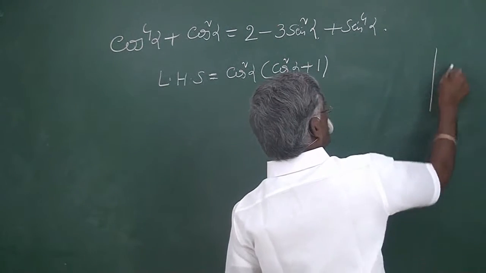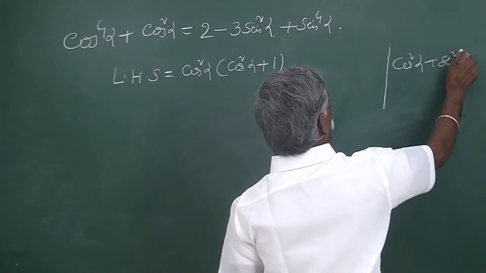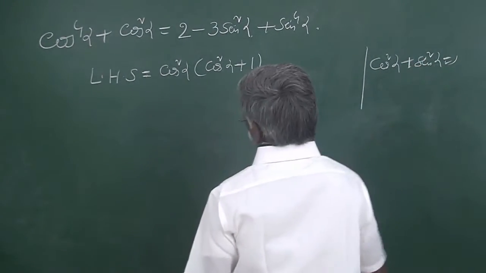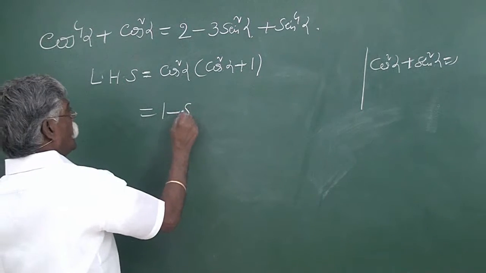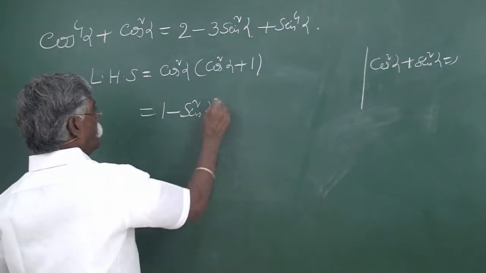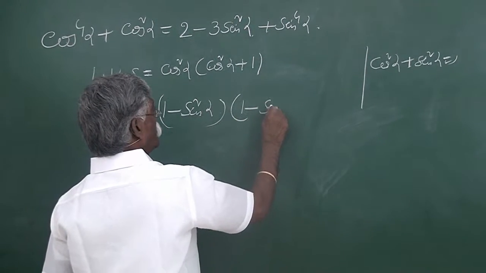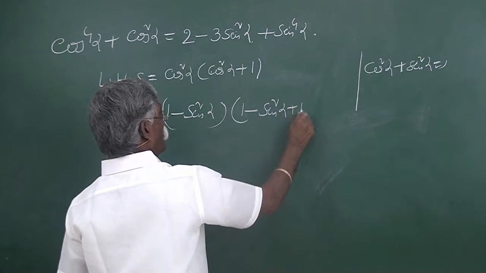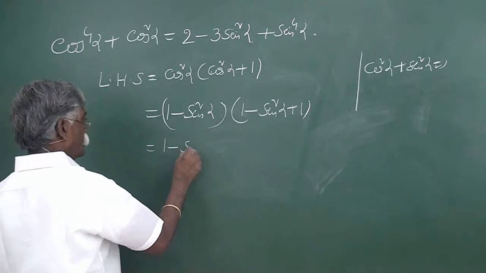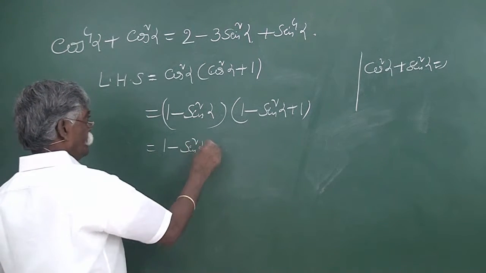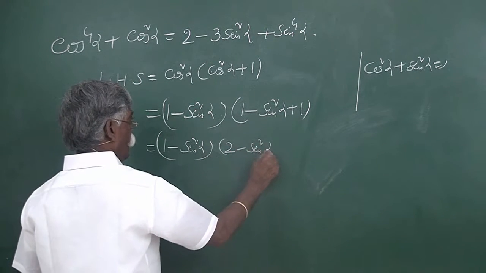Now cos square alpha plus sine square alpha is 1. Therefore cos square alpha can be written as 1 minus sine square alpha, and this is also 1 minus sine square alpha plus 1. So this is 1 minus sine square alpha into 2 minus sine square alpha.